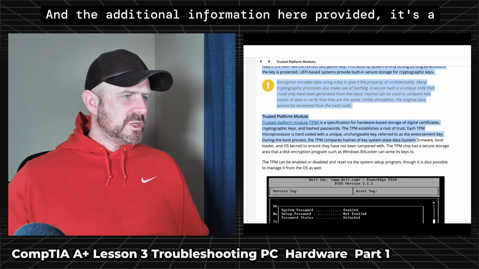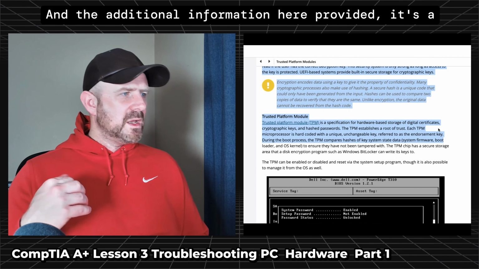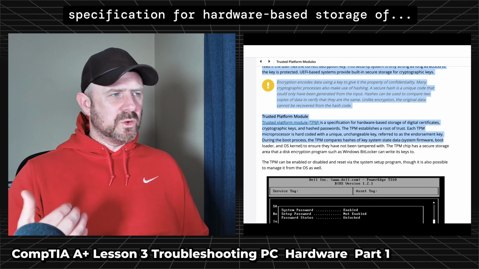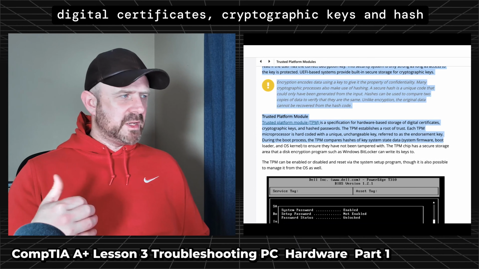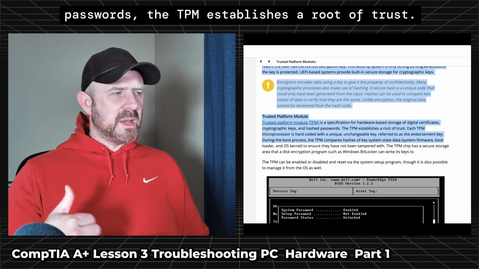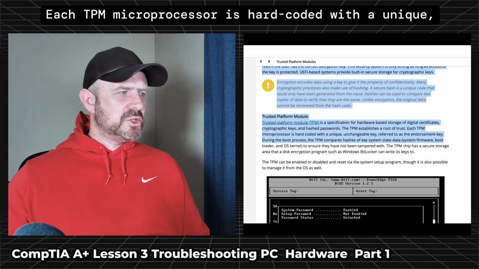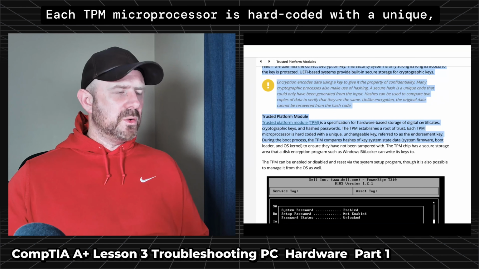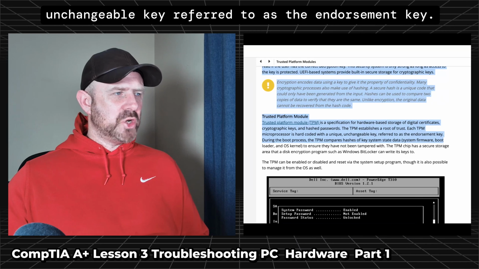The additional information provided here is a specification for hardware-based storage of digital certificates, cryptographic keys, and hashed passwords. The TPM establishes a root of trust. Each TPM microprocessor is hard-coded with a unique, unchangeable key referred to as the endorsement key.